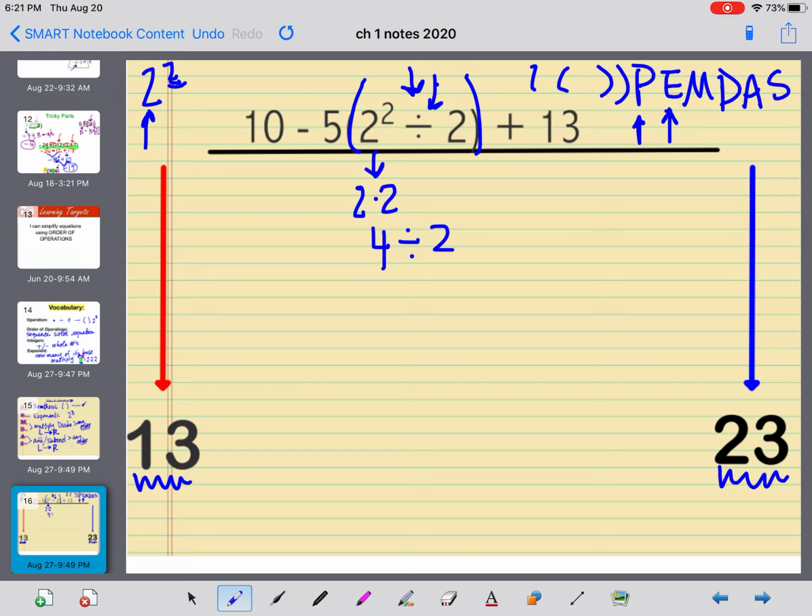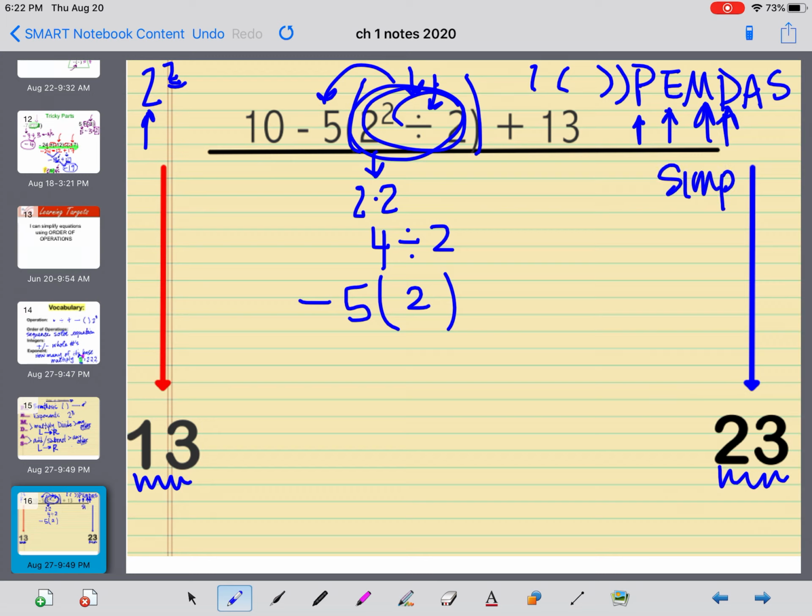And so I'm going to take this and divide it by 2, which gives me a 2. Now I'm all done with all of this stuff inside of the parentheses. So I can now do my multiplying and dividing. Okay, and the only multiplying that I have is this -5 right outside. Remember, parentheses means simplify first and then multiply.